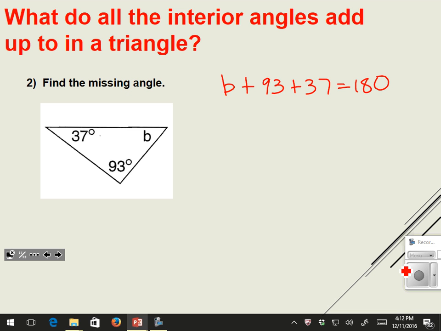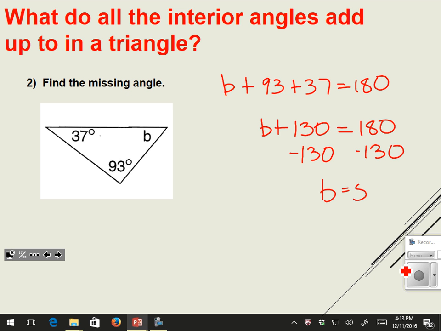I'm now going to simplify this. So B plus 130 equals 180. I'm going to subtract 130 from both sides. Therefore, B is equal to 50 degrees.